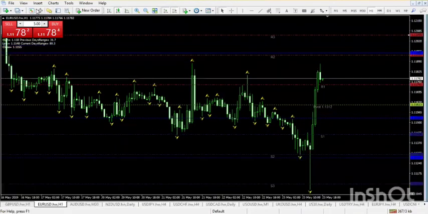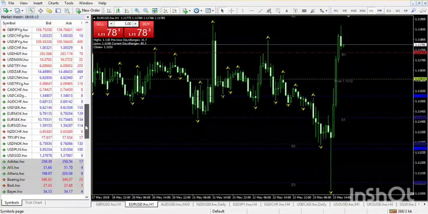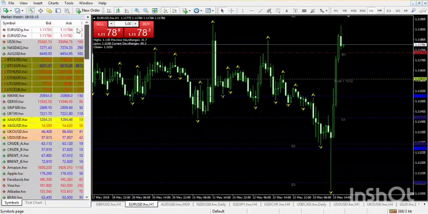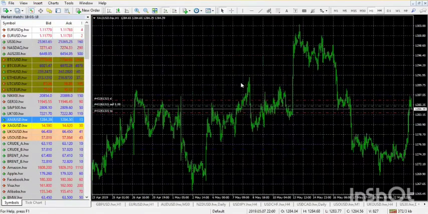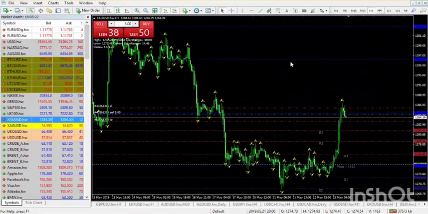I closed it, I wasn't paying attention. This is the gold chart. There you go.